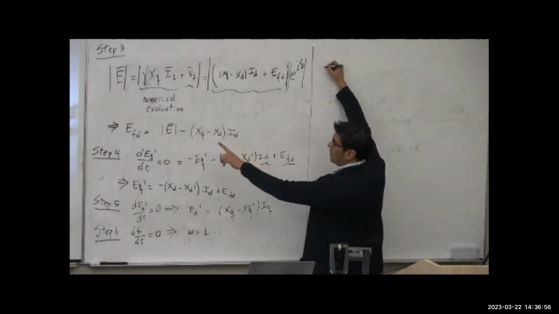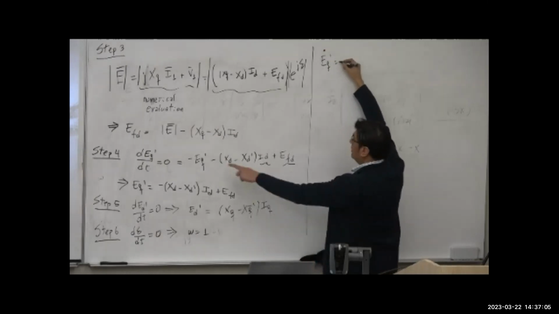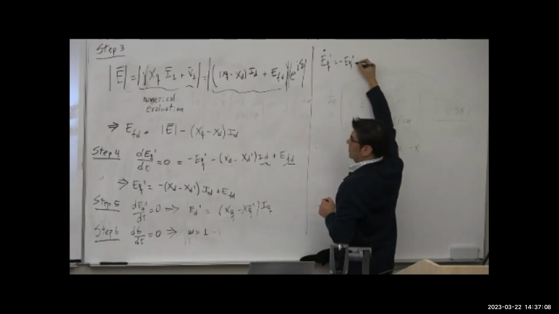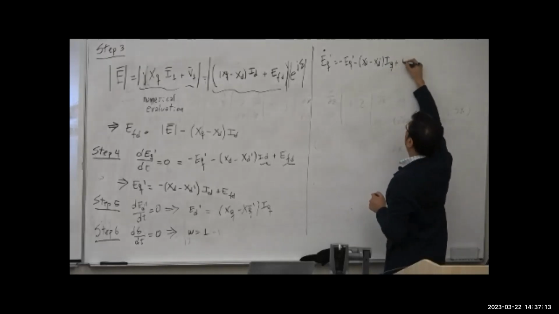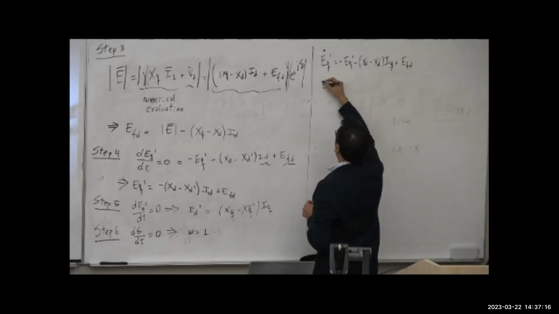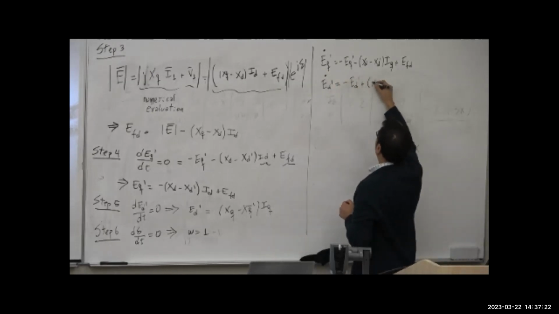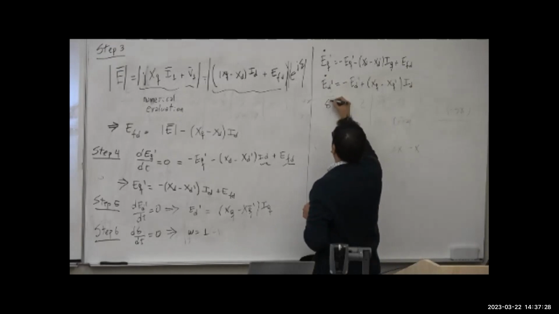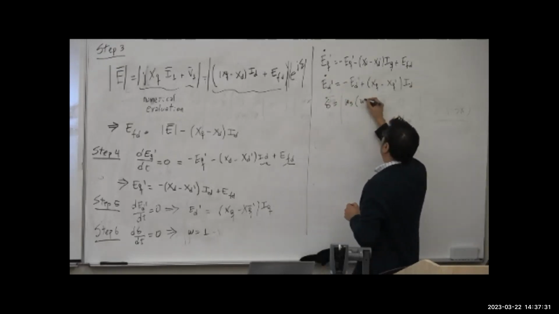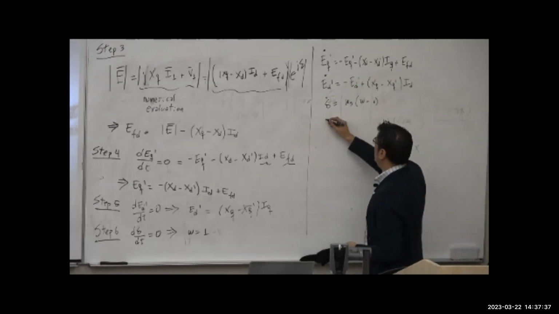So then we have the equations right here. The first equation is EQ prime dot equal to this. EV prime dot equal to this. Delta dot equal to the classical equation we use in the classical model.